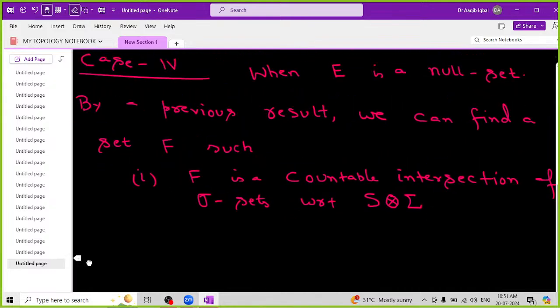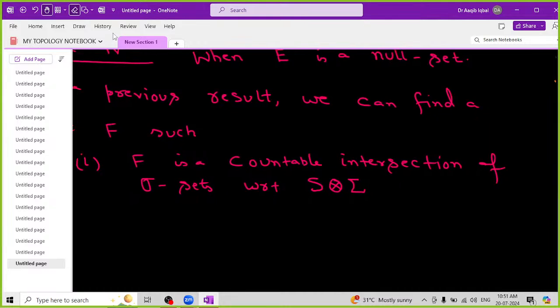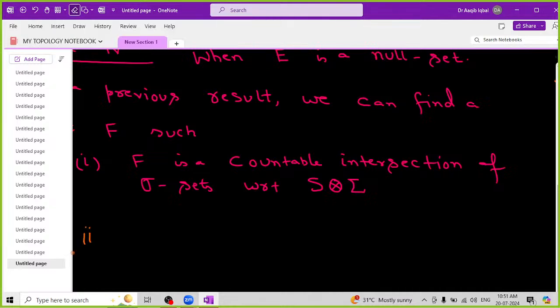We can find set F such that F is a countable intersection of sigma sets with respect to the product sigma ring. Second, F contains E, and third, the outer measure of F.